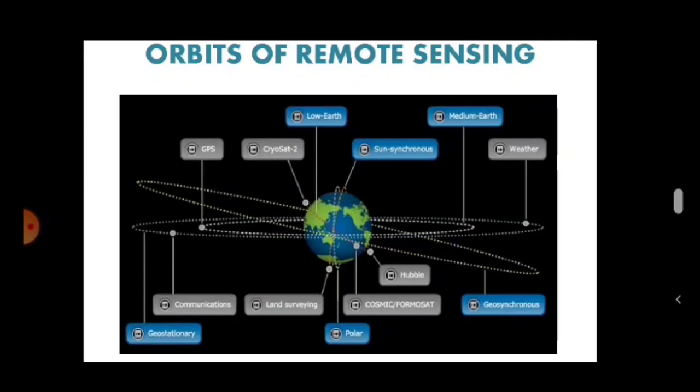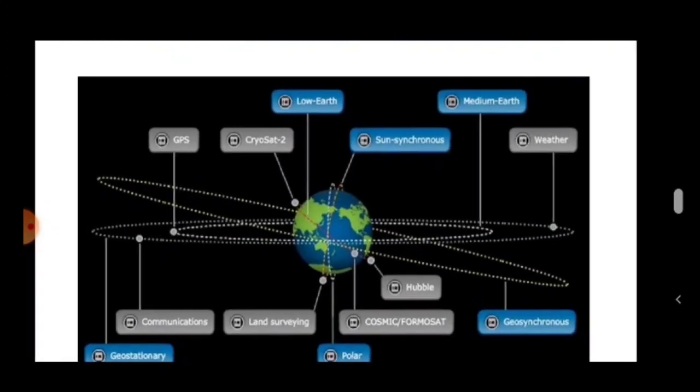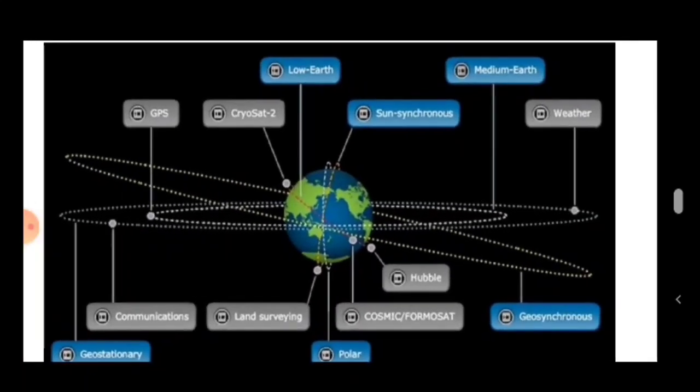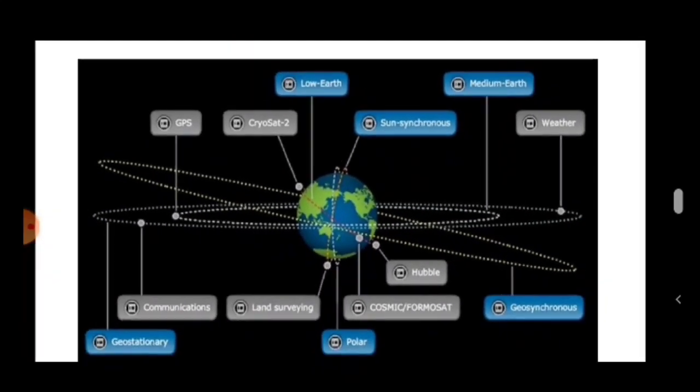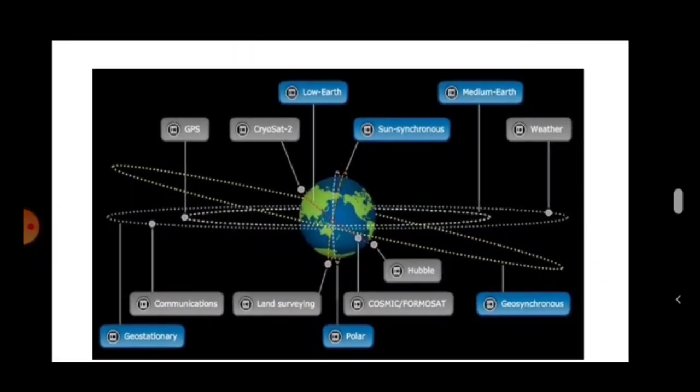It means the inclination angle is 0 degrees, at a distance of 36,000 kilometers. At this distance, the period of the satellite is equal to the period of the Earth, which is why we call it geostationary. As a result, the satellite is at a fixed position relative to Earth.